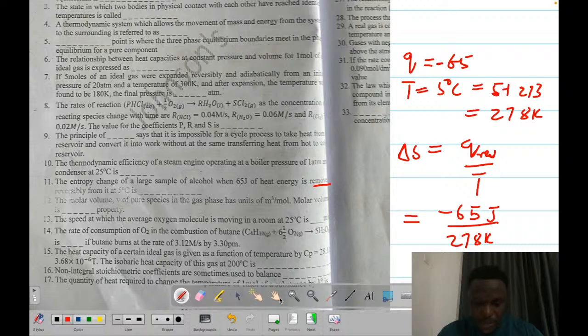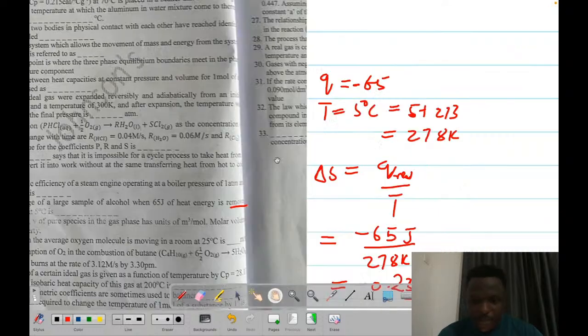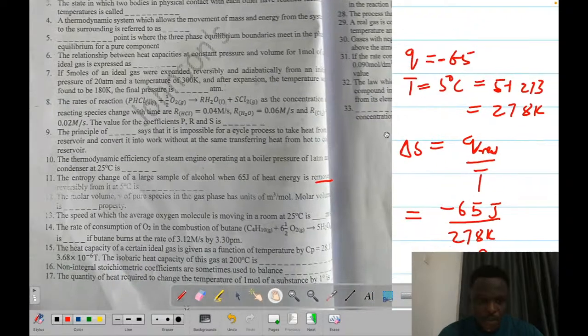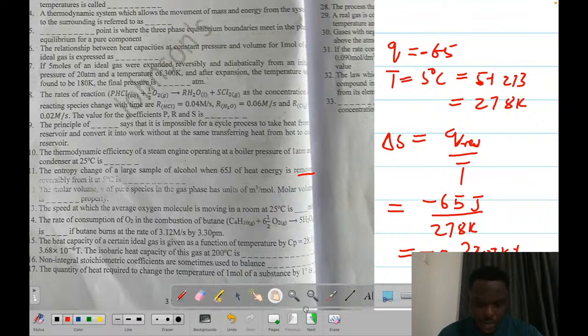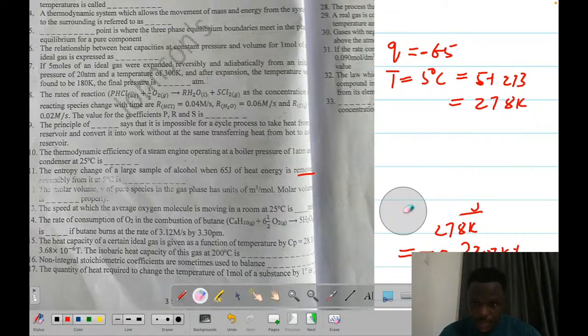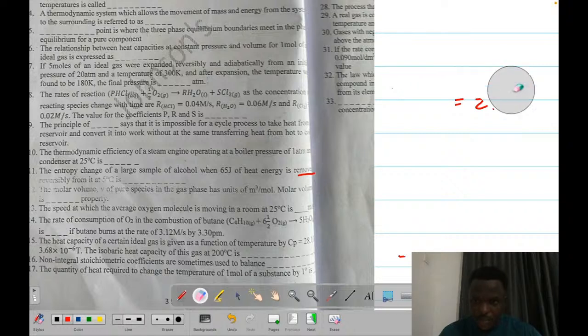Now, look up. All right. Now, here, they gave us C to be 5.